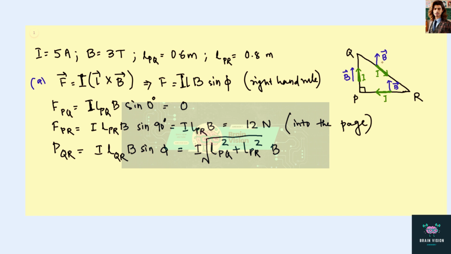Okay, let's check again. So this is basically phi. So this is 180 minus phi, and this is 180 minus phi. So this will give this angle to be phi. Okay. So if this angle is phi, then sine phi is going to be the perpendicular over hypotenuse.